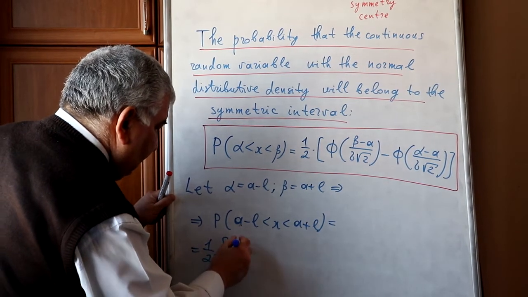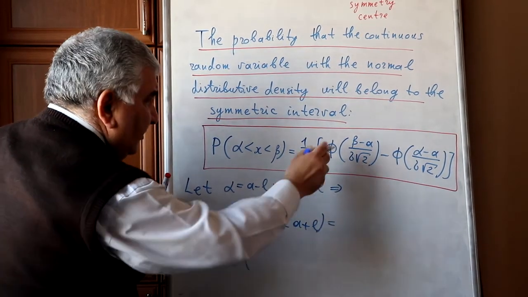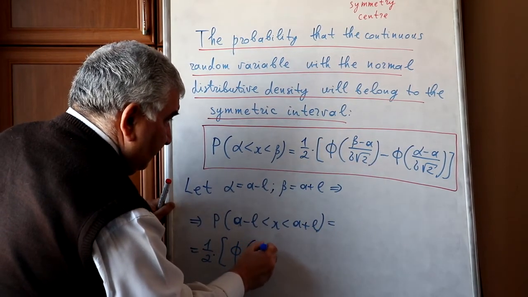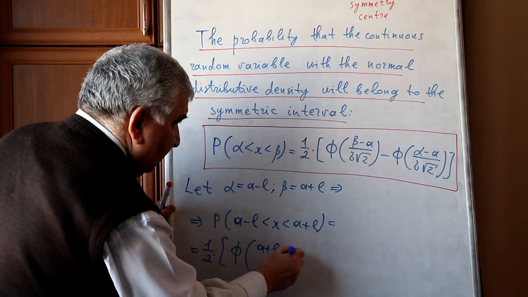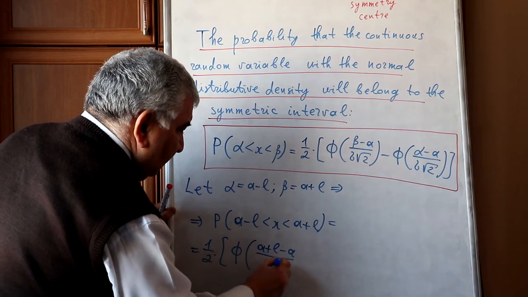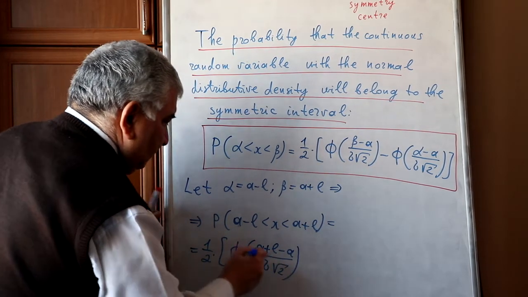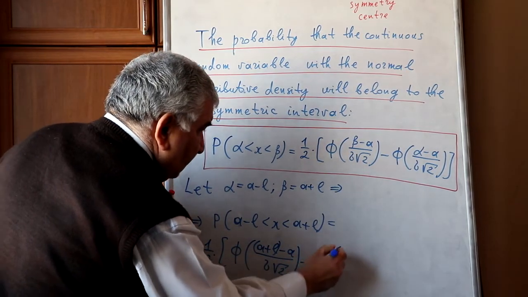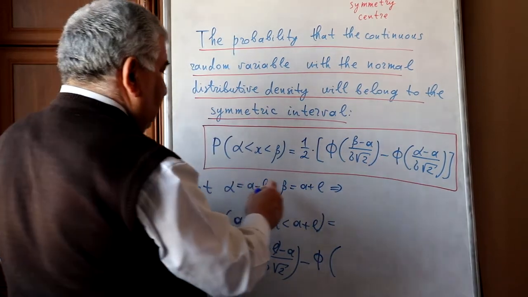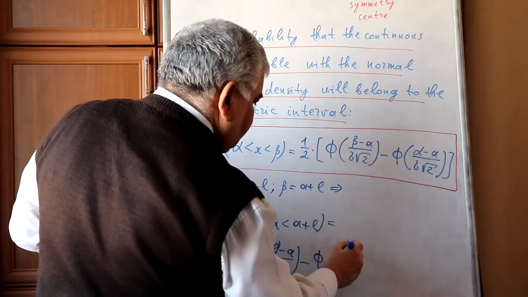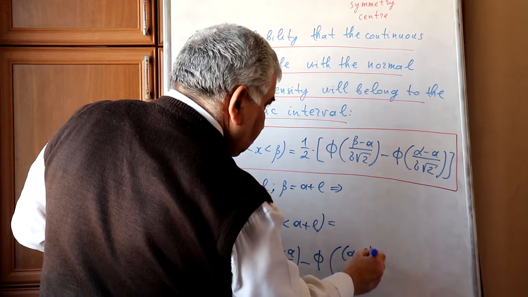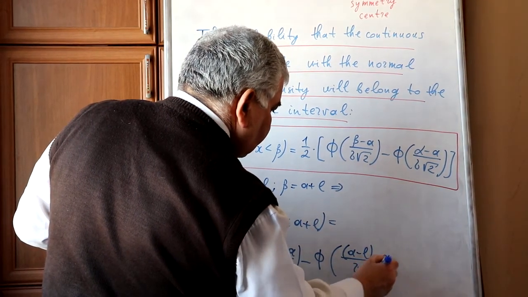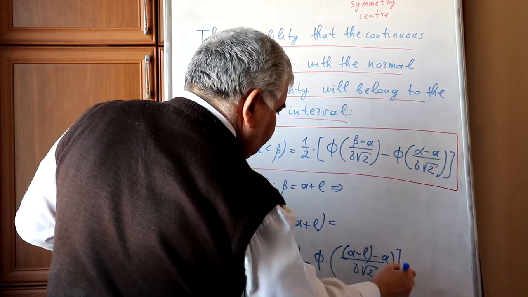multiplied by phi capital, substitute A plus L instead of beta, A plus L minus A over sigma square root of 2, minus phi of, then substitute A minus L instead of alpha, A minus L minus A over sigma square root of 2.